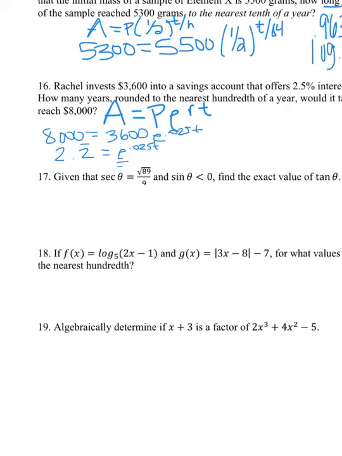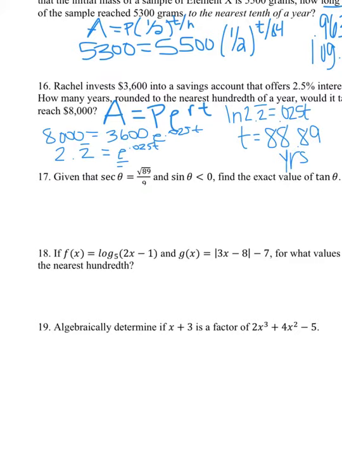If you forget and take the log, you still end up with the correct answer, but it is easier to take the natural log, because you have the ln of 2.2 repeating is equal to 0.025t times the ln of e, but the ln of e is just 1. So you really don't have to do anything with that. Now I divide both sides by 0.025 and I get my answer right away. Rounded to the nearest hundredth, it is 88.89 years.